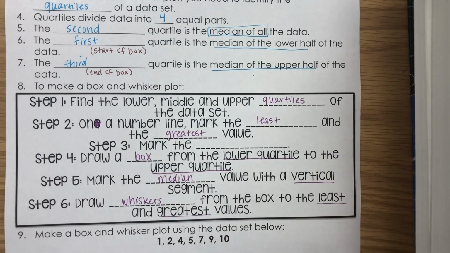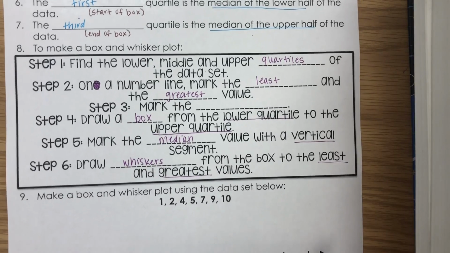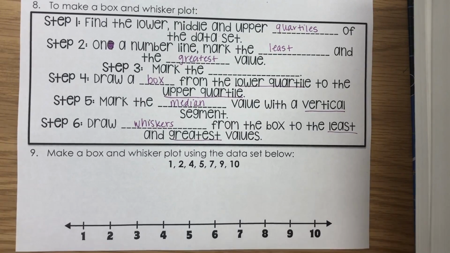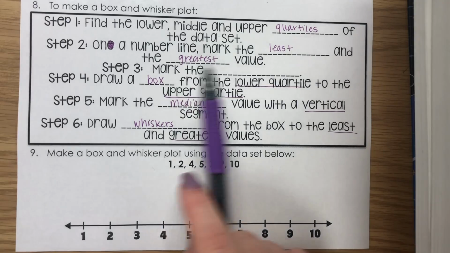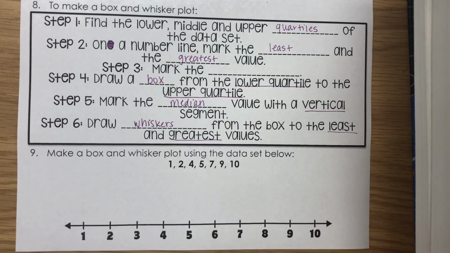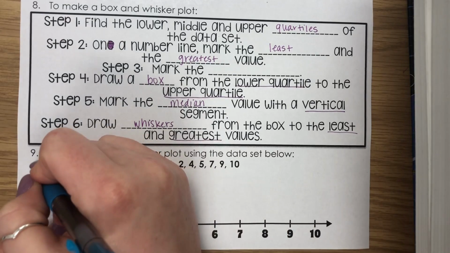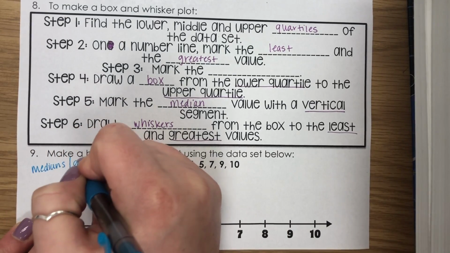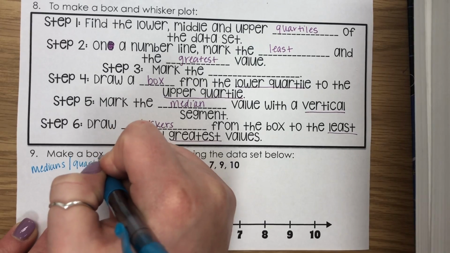All right, so we're going to look at number 9, and thankfully they've already got our numbers in order from least to greatest. How nice of them, because we need to find our quartiles. So step 1 says to find our quartiles. If you remember talking about quartiles, we have to talk about the medians with the quartiles.